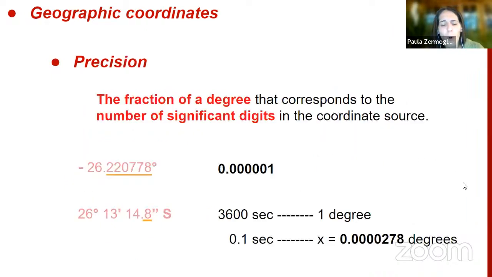Now, coordinates can be given with different precisions. And what is the precision? The precision is the fraction of a degree that corresponds to the number of significant digits in the coordinate source. So for example, here we have a decimal coordinate, and we have 1, 2, 3, 4, 5, 6 decimal places.